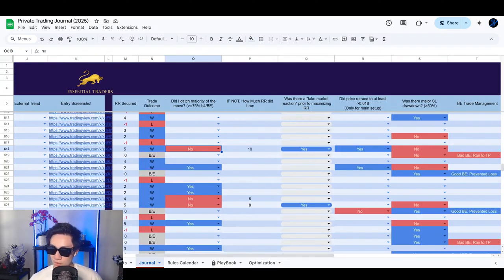And over time, once you get a ton of data, let's say a 1,000 sample size, you can just stop journaling certain things. For example, you don't have to journal external and internal trend win rates anymore if you already know the difference between the two.